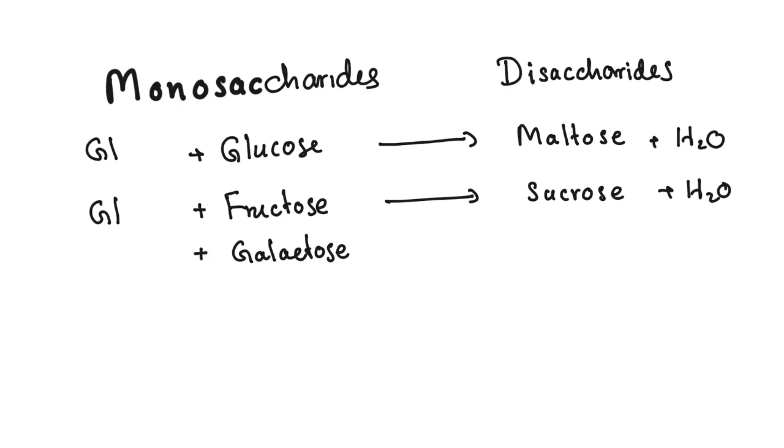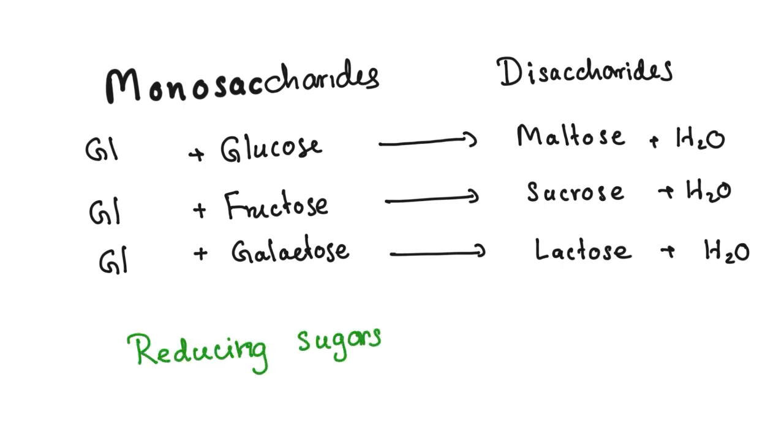When galactose reacts with glucose, it gives lactose, again releasing water. Out of these monosaccharides and disaccharides, except sucrose, all the other sugars are reducing sugars. Sucrose is a non-reducing sugar.